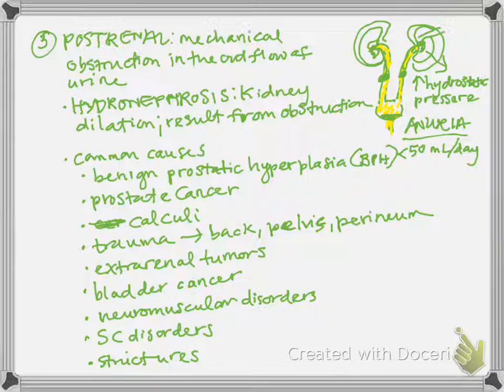Let's look at clinical manifestations of acute kidney injury. The patient will go through 3 stages, and if the patient does not move into the recovery stage, then they will progress to chronic kidney disease.